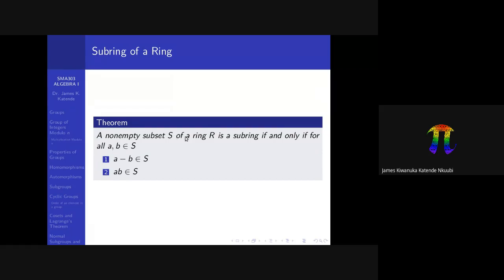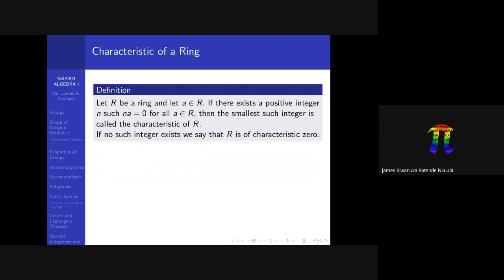If you have a nonempty subset S of a ring R, it will be a subring if and only if A minus B is in S and the product AB is in S. So it's closed with respect to subtraction, if you want to call it that: A minus B will be in S and AB will be in S. If these two properties are satisfied, it is sufficient to conclude that S is a subring of R. So that defines a subring.